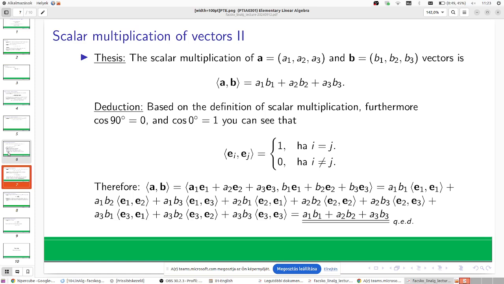So if you sit down and check this, then you can see only A1 times B1 plus A2 times B2 and A3 times B3. So the sum of these components, the multiplication of these components will remain. Is it understandable? Yes. Okay, great. So you have this. This is what we wanted to prove.